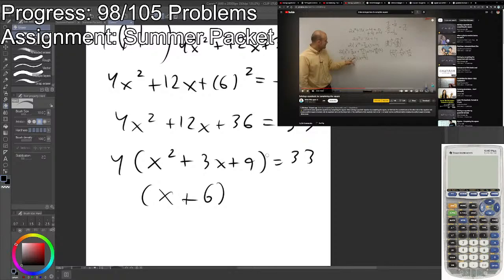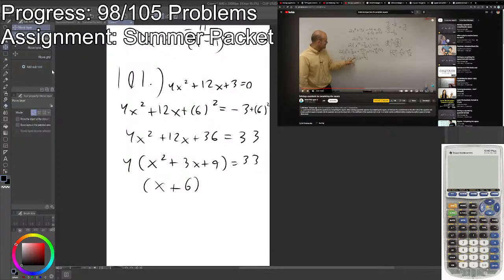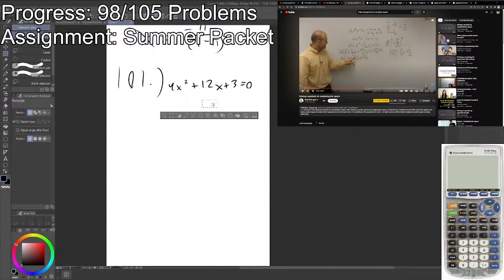Okay, so they're using the quadratic formula. They're completing the square. Okay, they moved over the 3. I got that part right. Thank God. Divide both sides by 4 right away. Really? So they wasted no time doing that. Okay, I'll do that then.